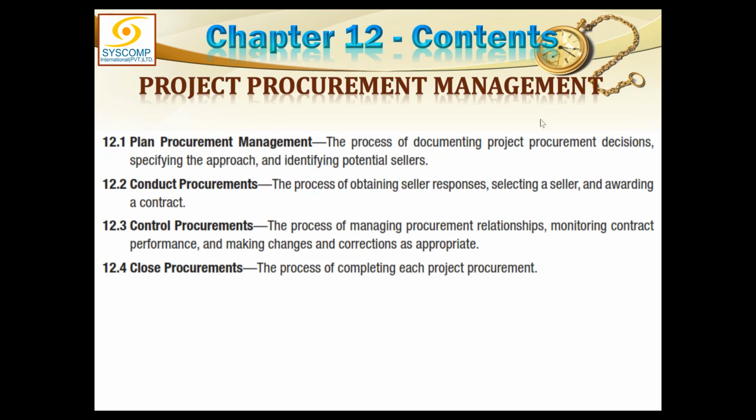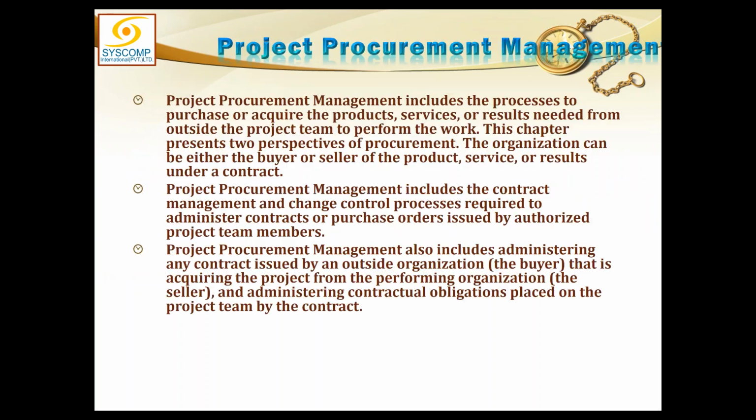We might have more than one project procurement going on right now in the project. So it is going to be assuring that all the contracts have been properly closed down. Coming specifically to project procurement management, this includes all these four processes we discussed, which are to purchase or acquire the product, service or results needed from outside of the project team to perform the project work.